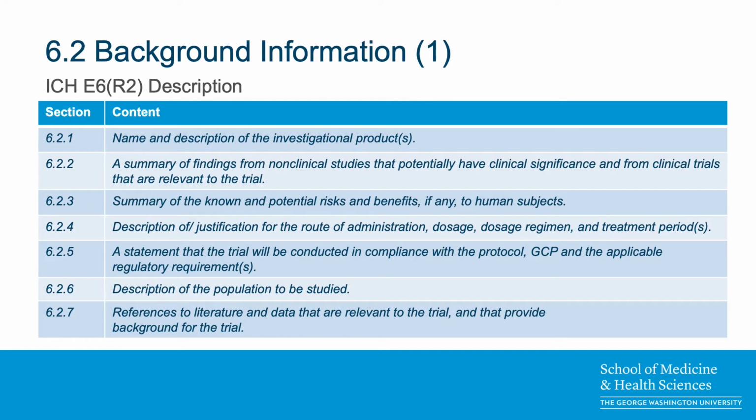Justification for the dose, the route of administration, the regimen, and the duration of treatment in the study. A statement, importantly, that it's going to be conducted in compliance with the protocol, GCP and the applicable regulations, a description of the population, and then any references to the literature. The GCP guidance includes that in the list of these items.